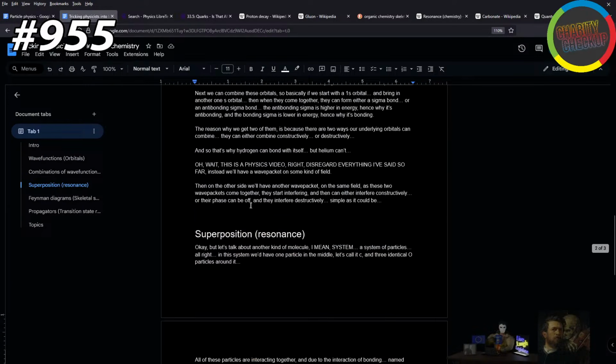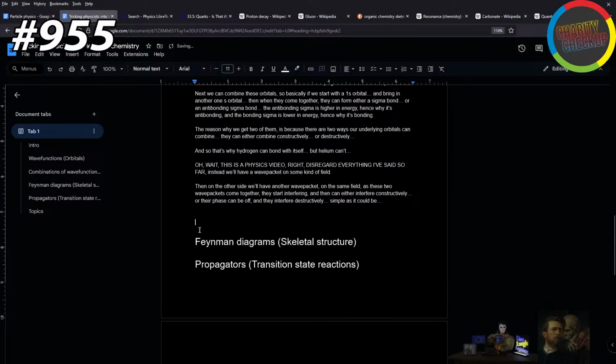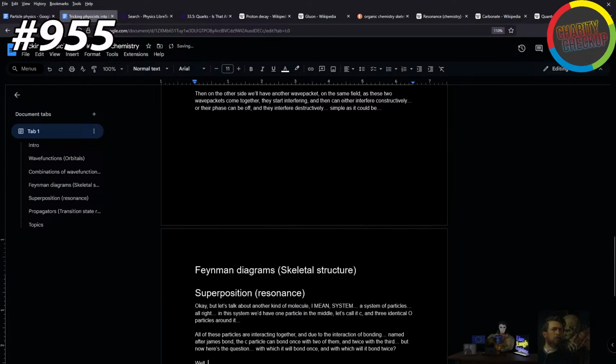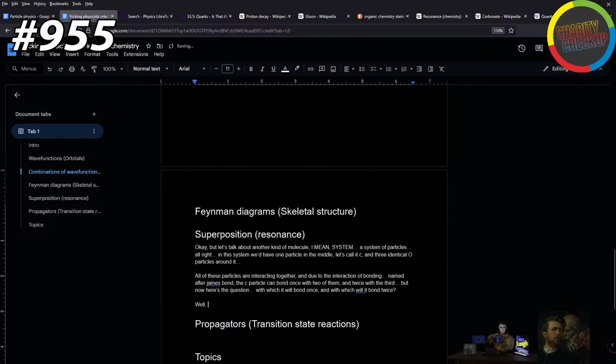This actually would make a lot more sense, I think, after the Feynman diagrams. Well, Feynman diagrams in quotes, because, you know.